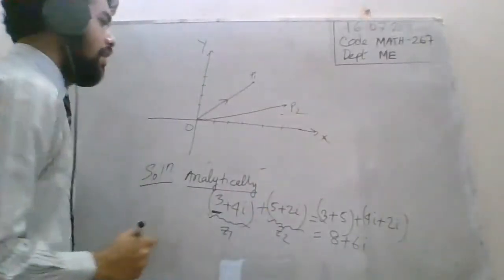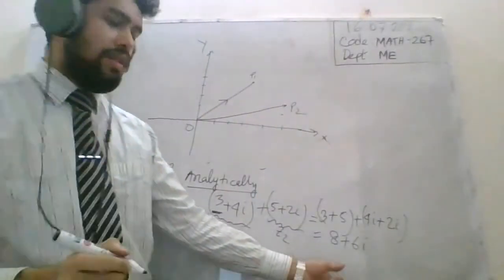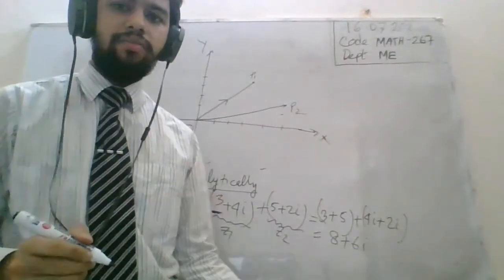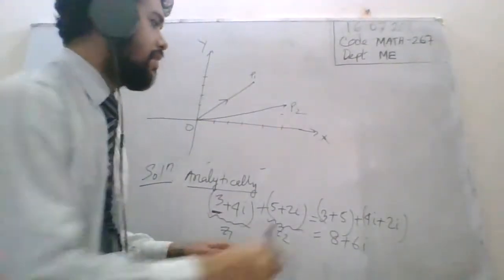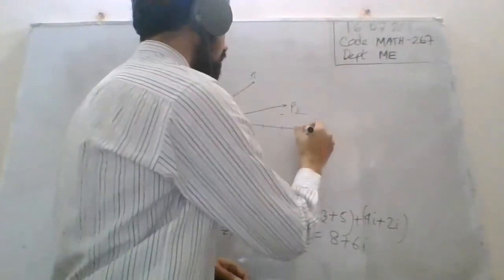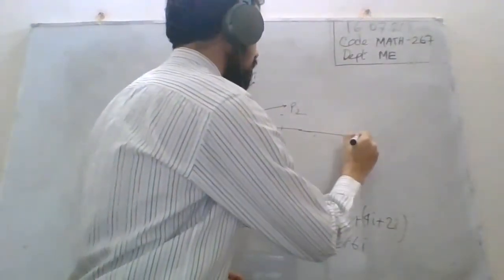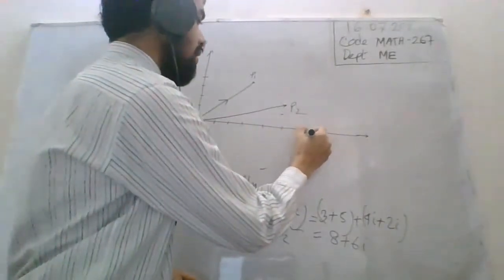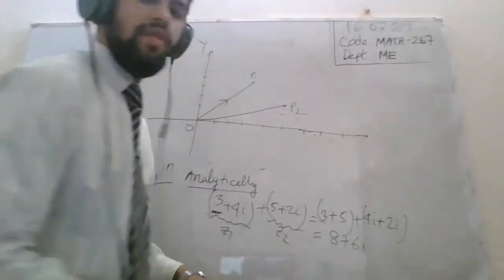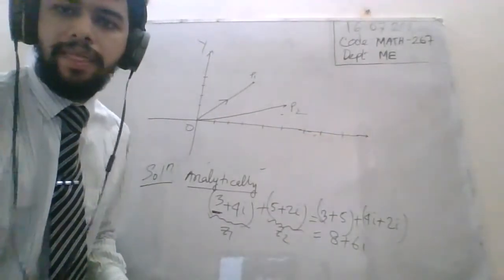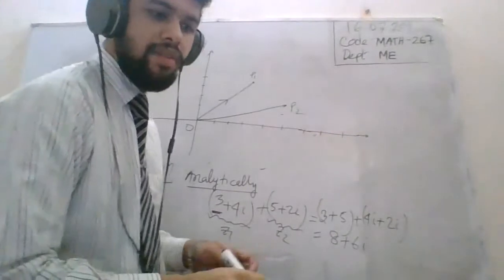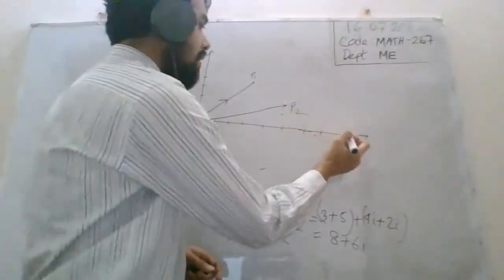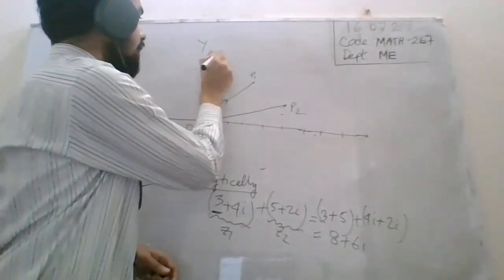Now for the last part, which is our required part, take 2, 3, 4, 5, 6, 7, and 8. This is 8, and here it is 6: 1, 2, 3, 4, 5, and 6.